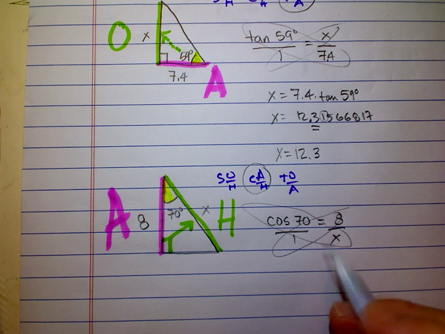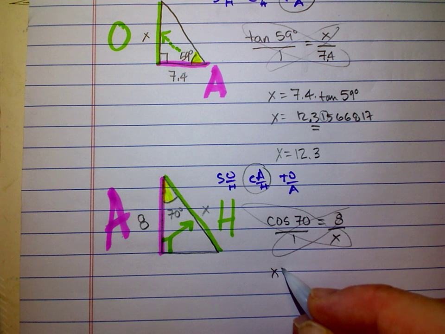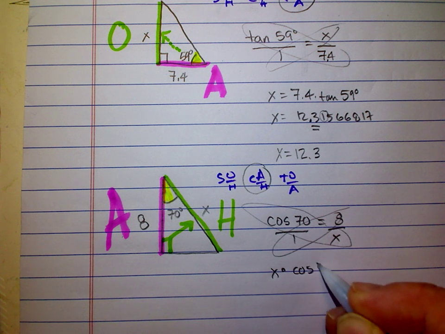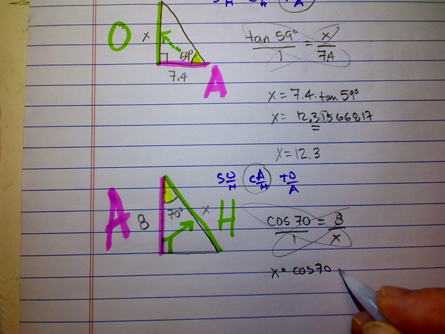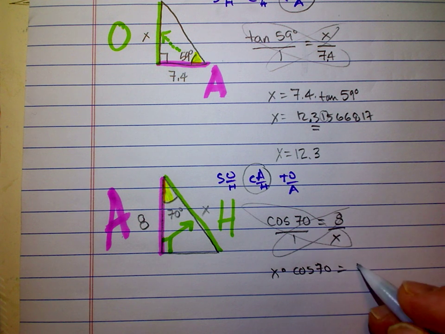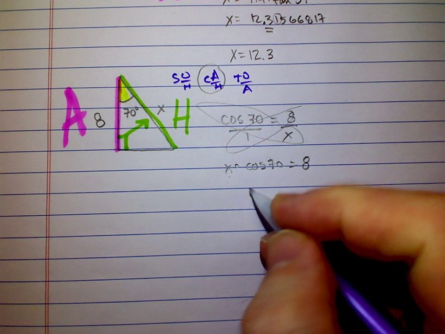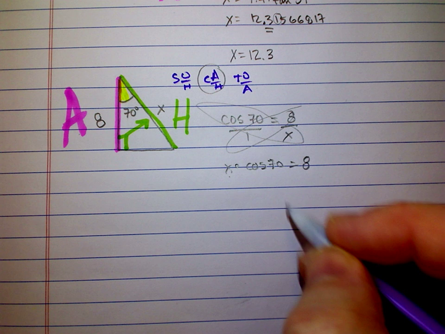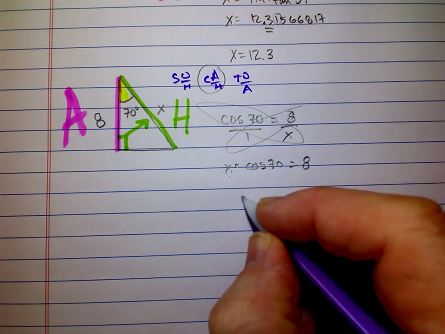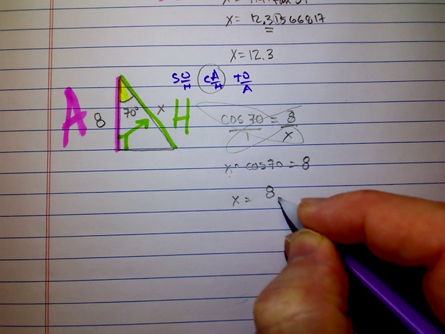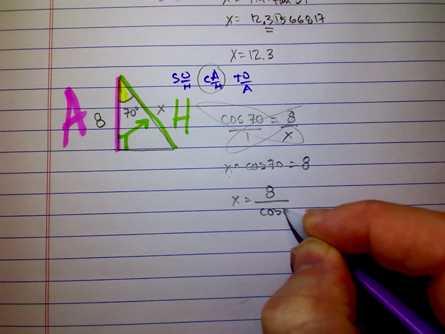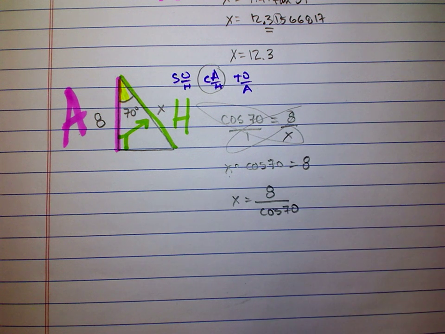This time we have x times the cosine of 70 equals 8 times 1, or 8. So to solve this one, what we're going to need to do is divide both sides by this cosine of 70. That means x will equal 8 divided by the cosine of 70.